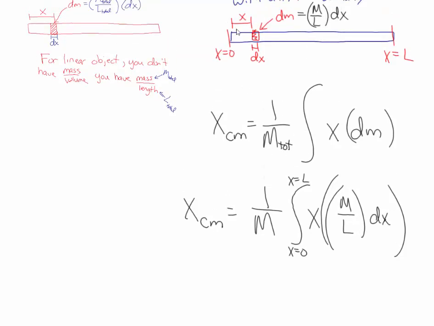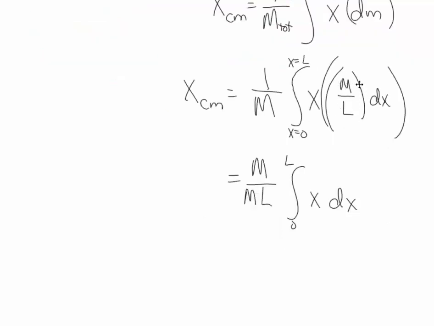We're going to integrate from x equals 0, when we're at the left end of this rod, all the way out to x equals L, which is the right end of the rod. And so this m over L is a constant, so it can get brought outside the integral. So we have m divided by m times L, and it's the integral of x dx.